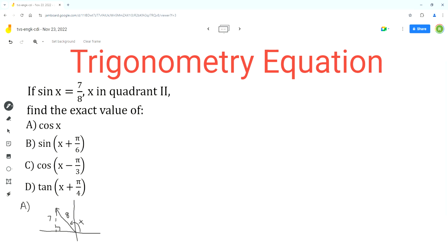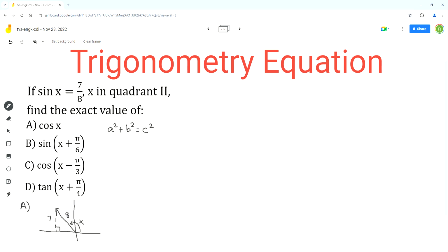Next, we should find the length of the horizontal side in this triangle. This is a right angle triangle, so we can use Pythagorean theorem to find the length of the third side. C is the length of the hypotenuse and that's 8.